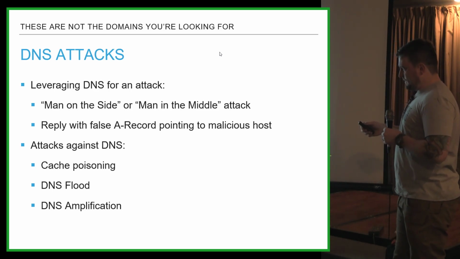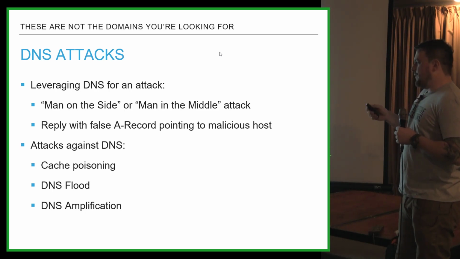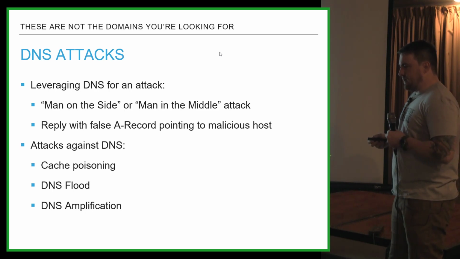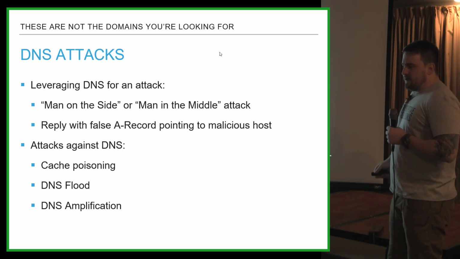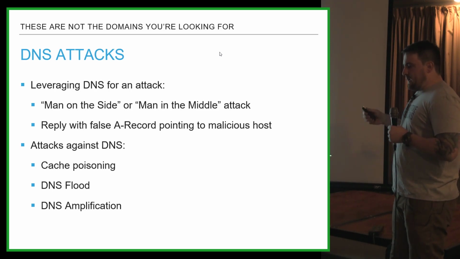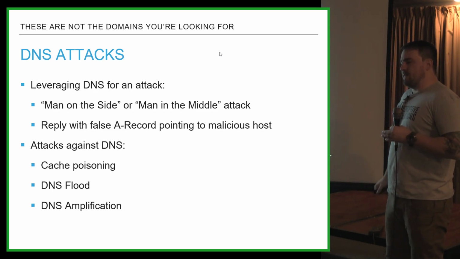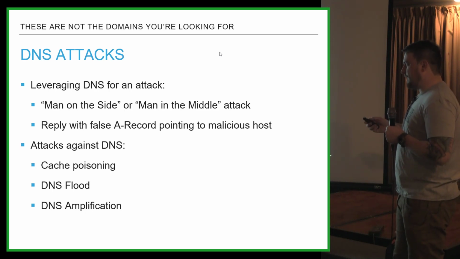And why this is important is usually my request is a lot smaller in size than the response, especially if I've figured out a way to get you to dump out a huge list of your entire domain or a zone transfer or something like that. I can with very small effort turn that into a very large effort and bring down your network or your box or whatever.